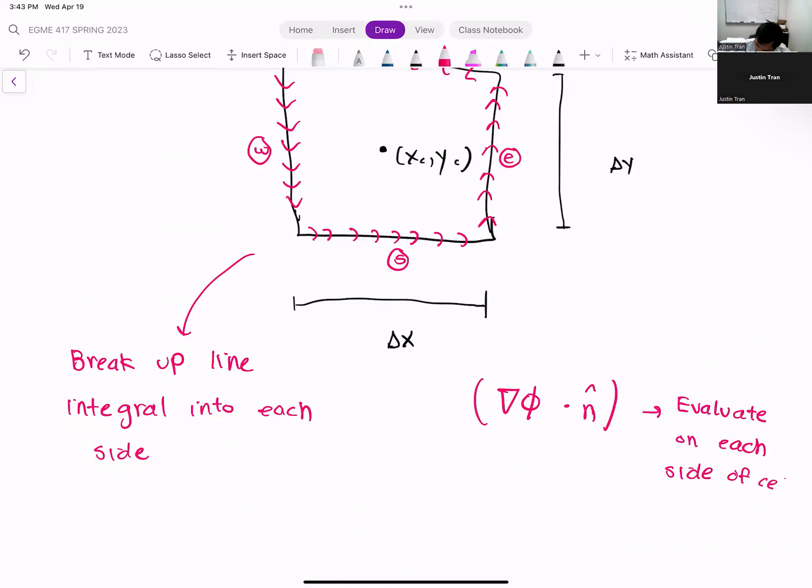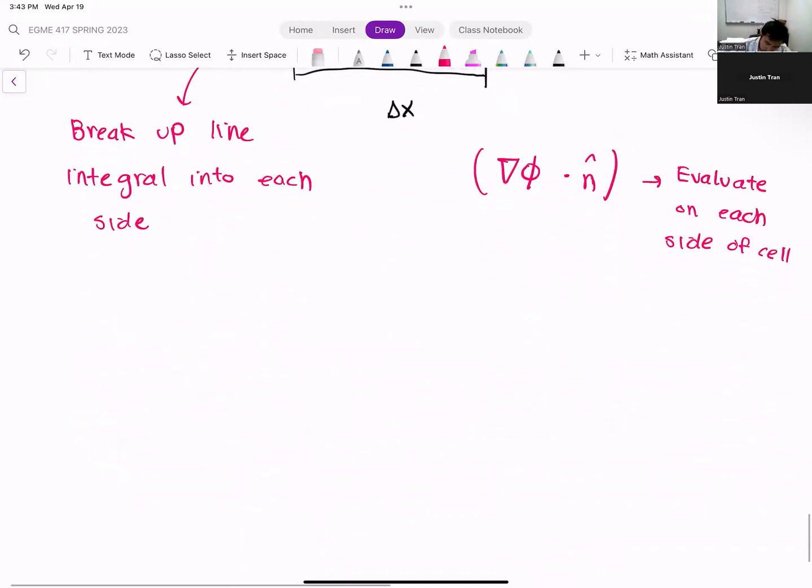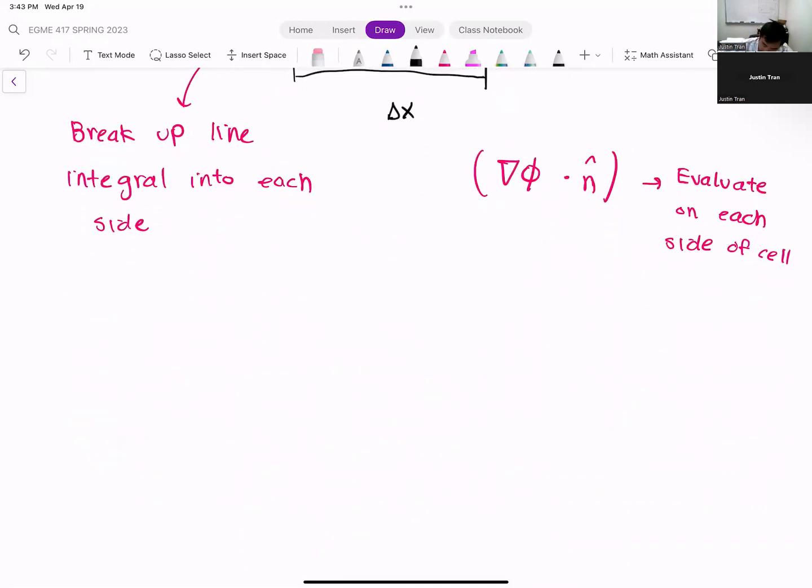Let's break this apart, because it's essentially just a dot product containing two things that look a little scary. The gradient of phi is nothing more than the vector partial phi partial x, partial phi partial y. And n here is the normal vector on that side.